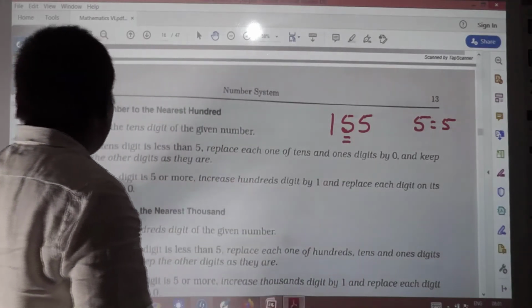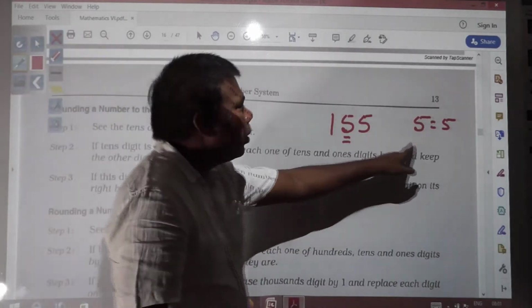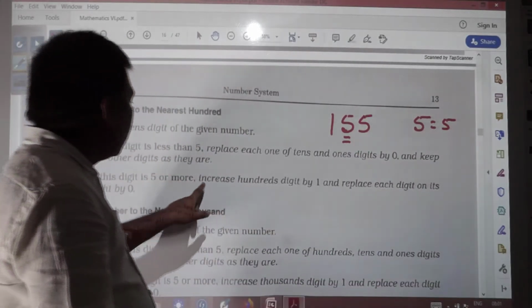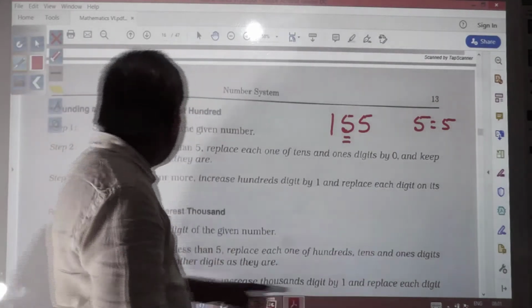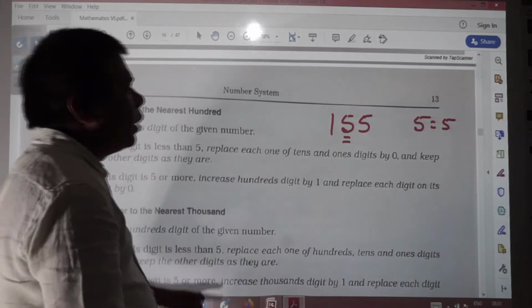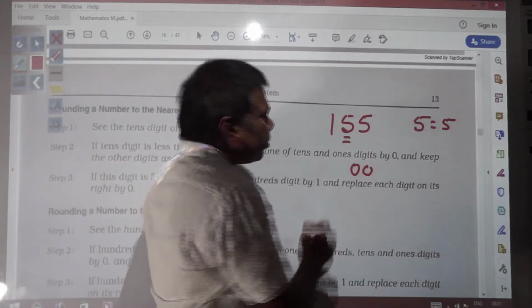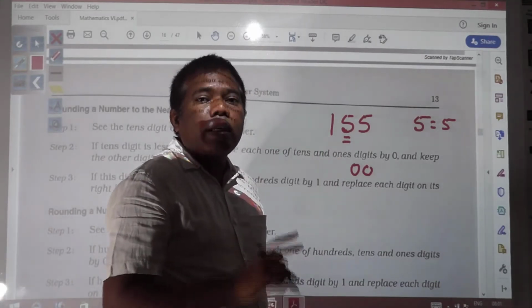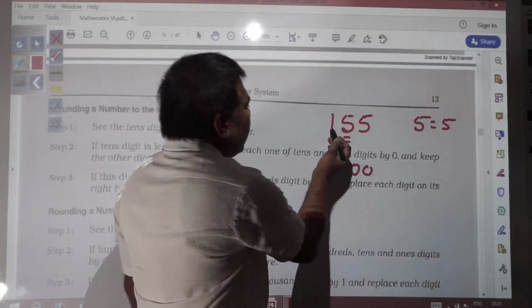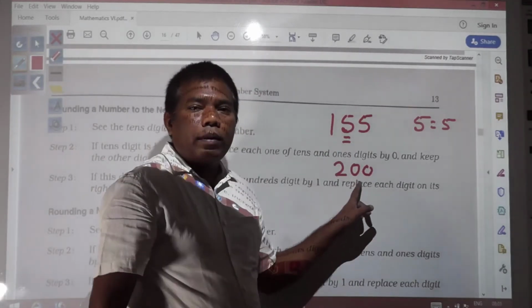If this digit is 5 or more, meaning 5 or greater than 5, increase the hundreds digit by 1 and replace each digit on its right by 0. It means both will be replaced by 0, and whatever number you have in the hundreds digit is increased by 1. So you add 1 to 1 and get 2. So this will be 200.